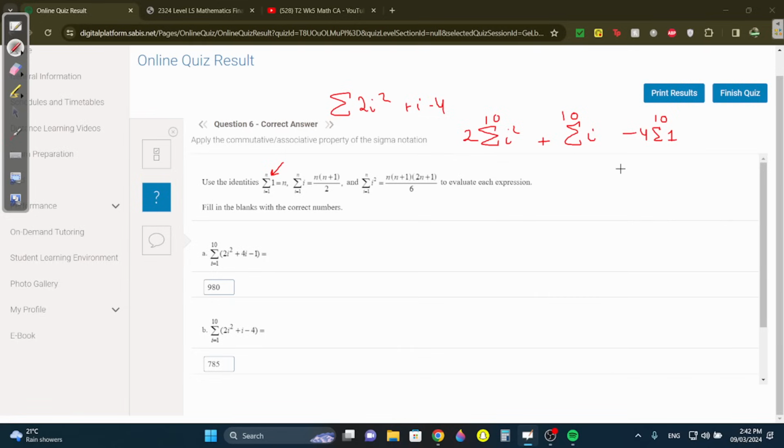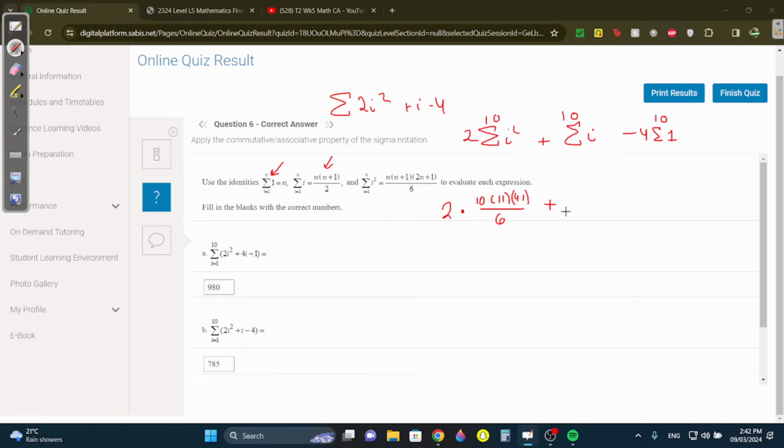So 2 sigma i squared, we actually found it, but I'm going to do it again. We used it in part A. It's the same as saying 2 times n times n plus 1 times 2n plus 1 over 6. N is 10, so 10, 11, 21. Why? Because n plus 1 is 11, 10 plus 1 is 11, then 20 plus 1 is 21, over 6, plus sigma i. Same thing.